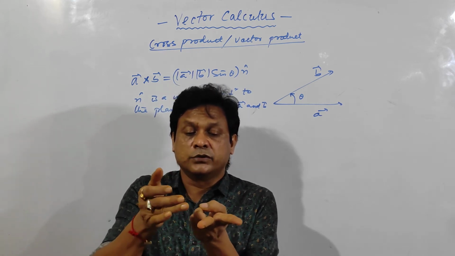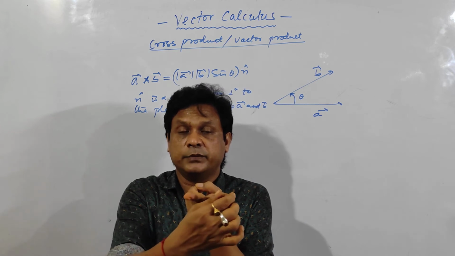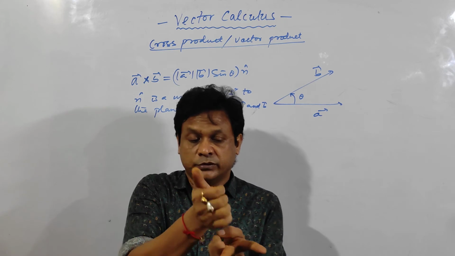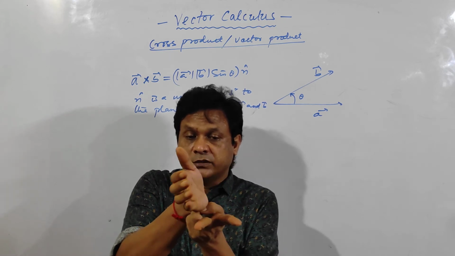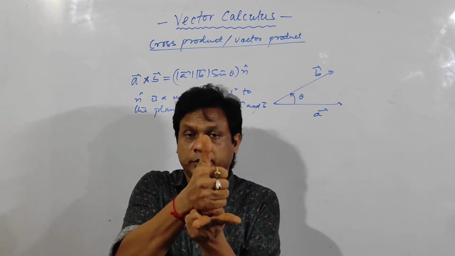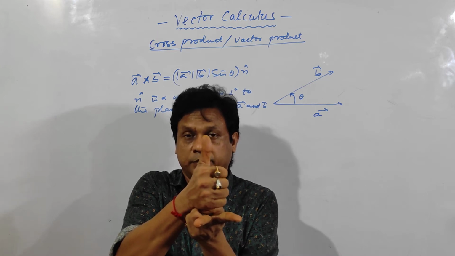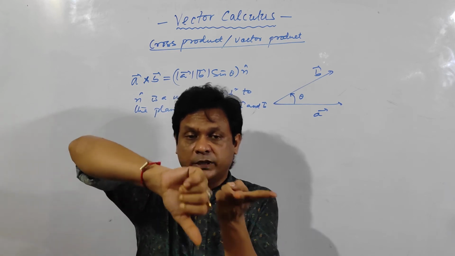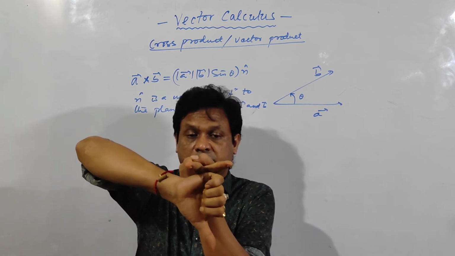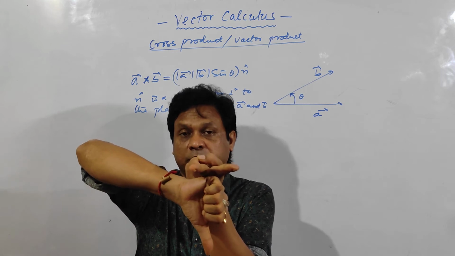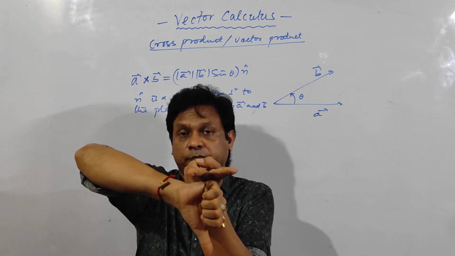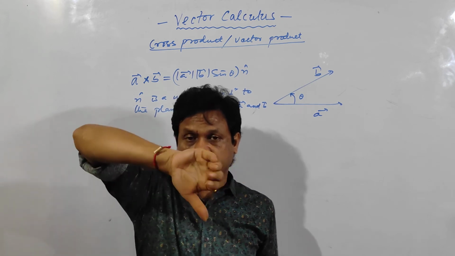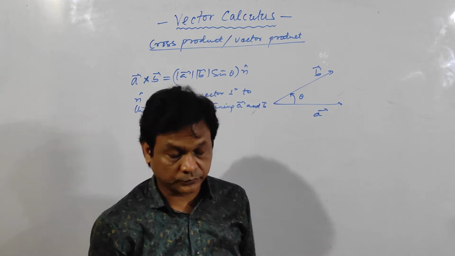If this is A vector and this is B vector, you should scroll the fingers in this direction, and the thumb will be the direction of n cap. And if you are taking from B to A, you should do like this. So the thumb will be in downward direction, and that is the direction of n cap. Clear? So there are two cases, either this case or this case. So accordingly you should apply.